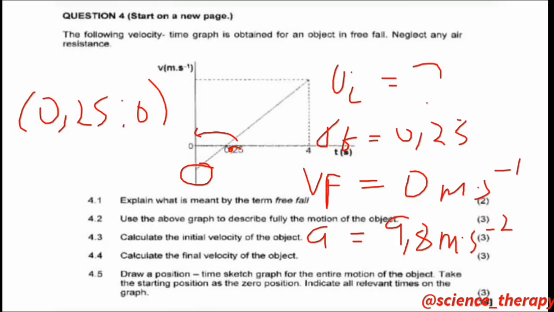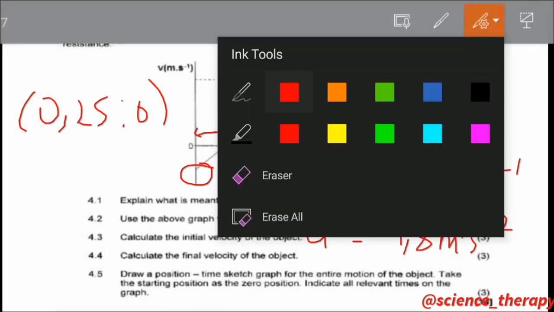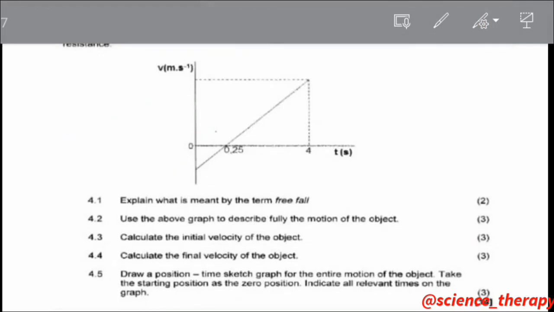Let's look at 4.4. Now 4.4 says calculate the final velocity of the object. So now that we have the value here, which is VI is equal to negative 2.45 meters per second, we can now take the whole journey.